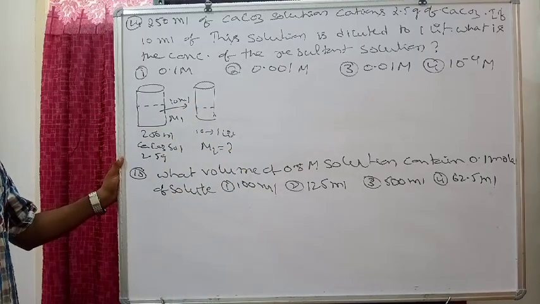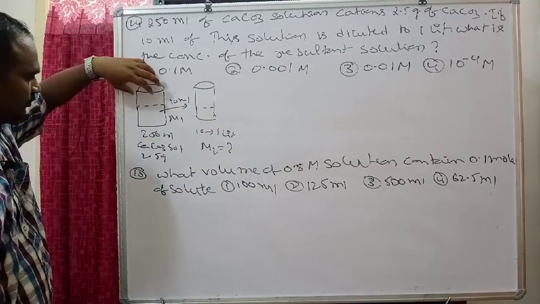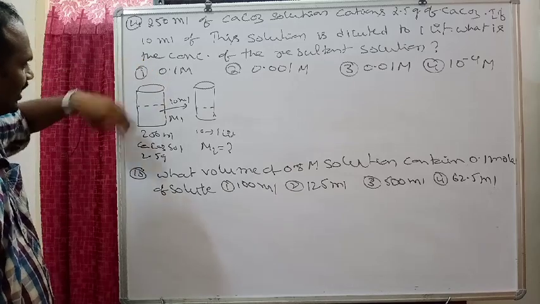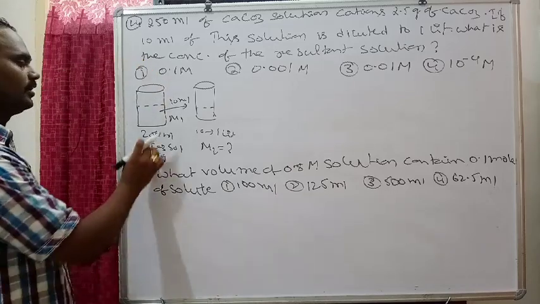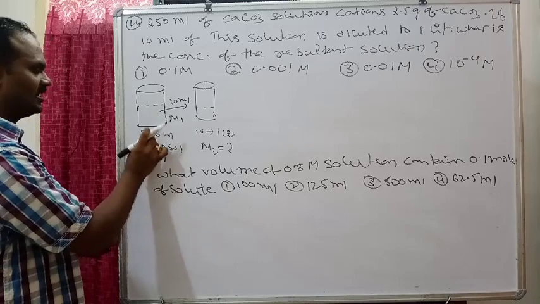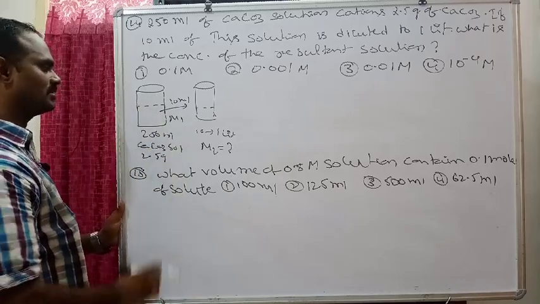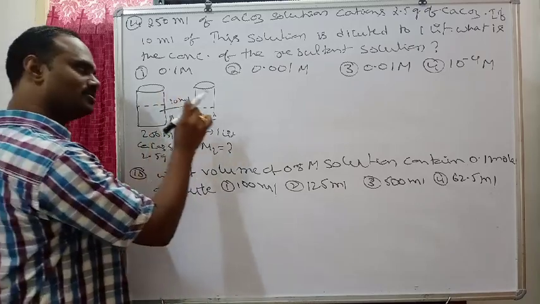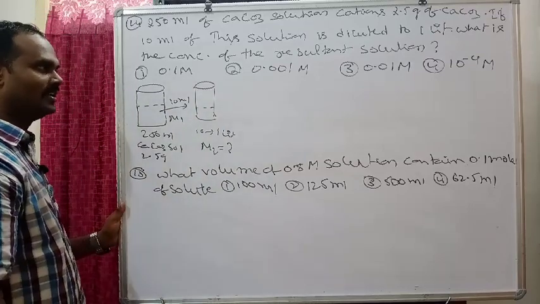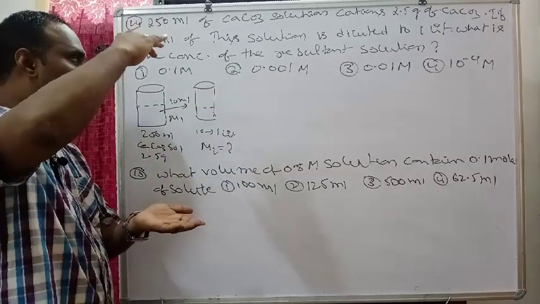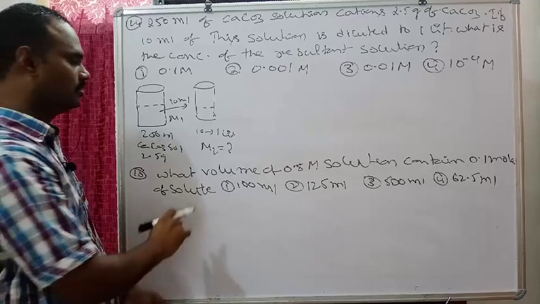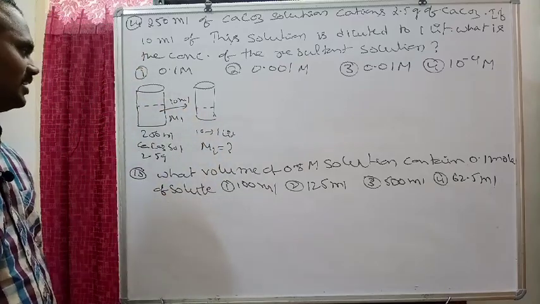That is the question. First, 2.5 grams of CaCO3 is dissolved in 250 ml. Then 10 ml of that solution is taken in another container and diluted up to 1 liter. What is this concentration they are asking?